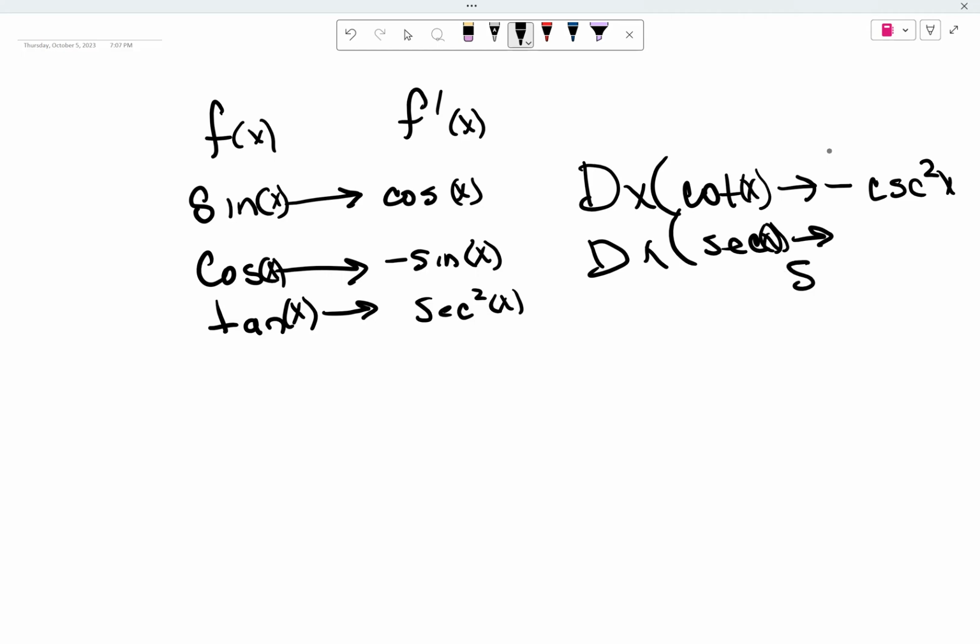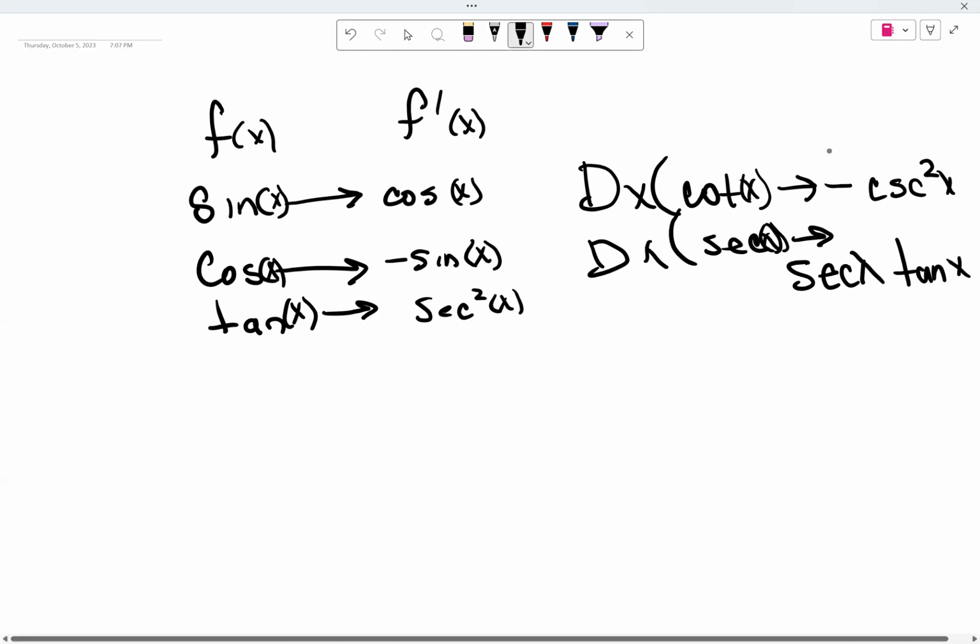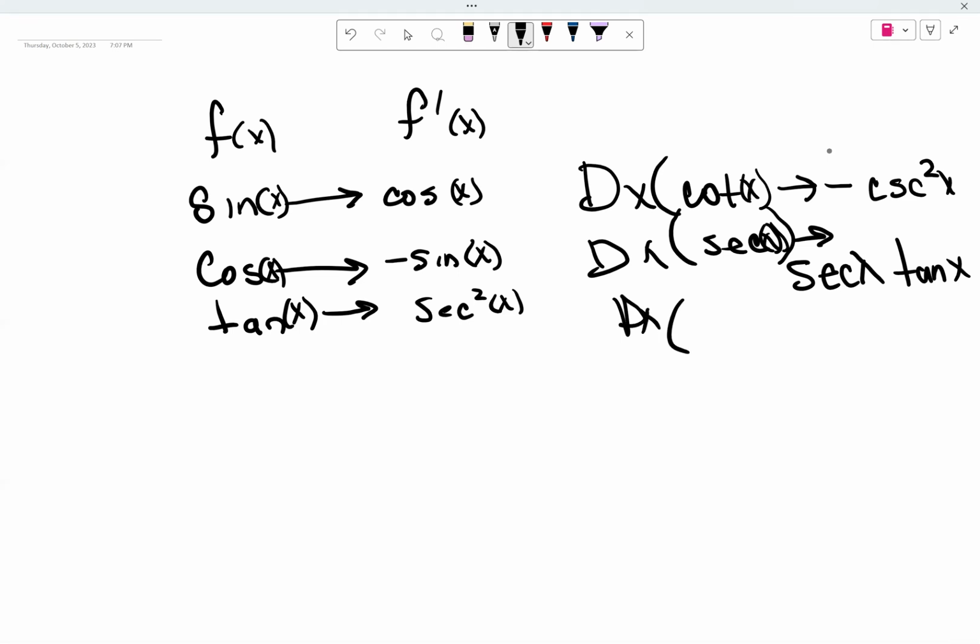I can graph them quickly. We have secant x tan x as the derivative of secant x. We look at the derivative of cosecant x. Its derivative is simply negative cosecant x cotan x.